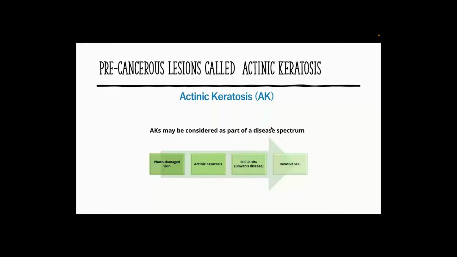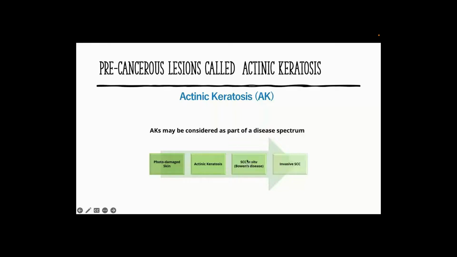Actinic keratoses are considered to be part of a disease spectrum. We get photo-damaged skin from the sun, and because of that photo-damaged skin, we develop these little white scaly bumps. Those are called actinic keratoses. We say about 5 to 10% of these over the span of 10 years will develop into squamous cell carcinoma.